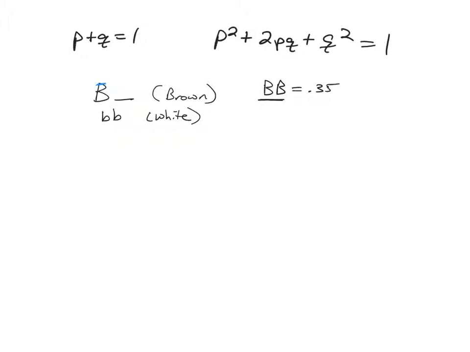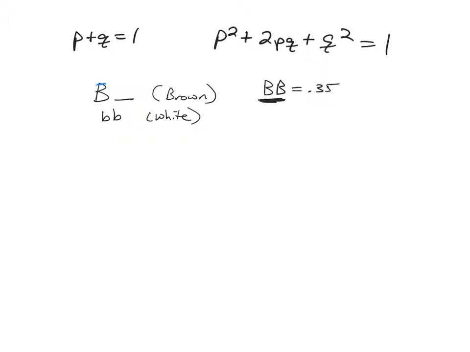Okay, so what is it that they tell me with big B, big B? That is 0.35. And what does that tell me in reference to the formulas?